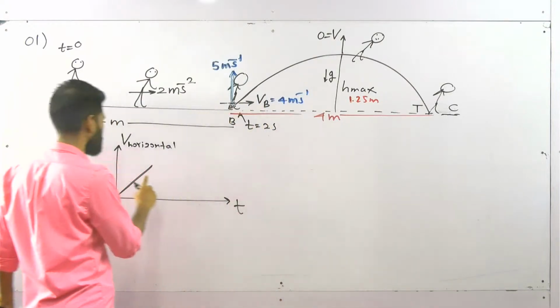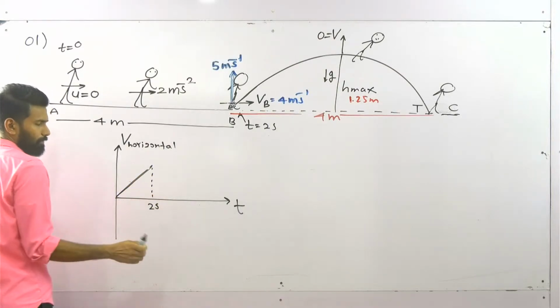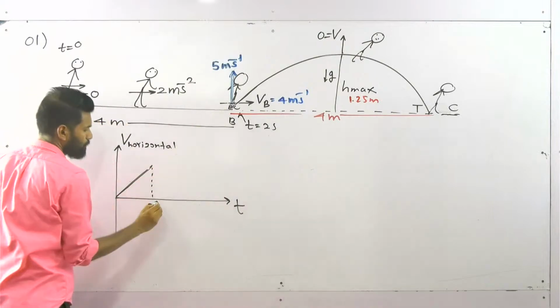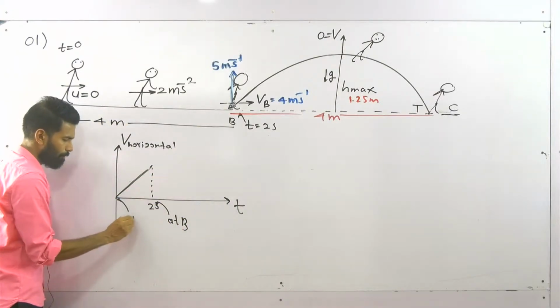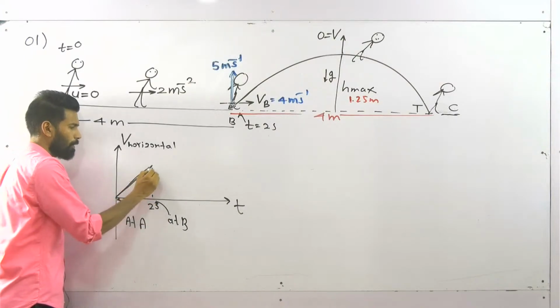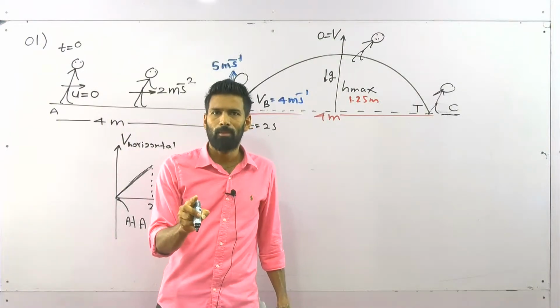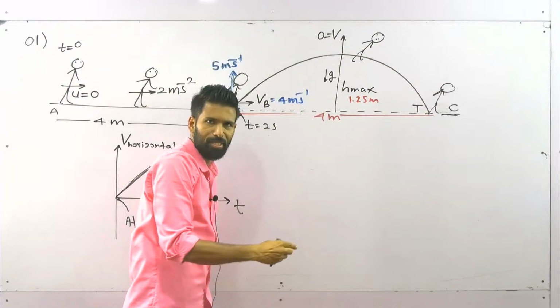So this is the positive constant gradient graph until it becomes 2 seconds, where she reaches B. When she is at A, after 2 seconds, she reaches B with that acceleration. After that, she is in the projectile motion. Inside the projectile motion, the vertical velocity changes, but the horizontal velocity component stays the same.